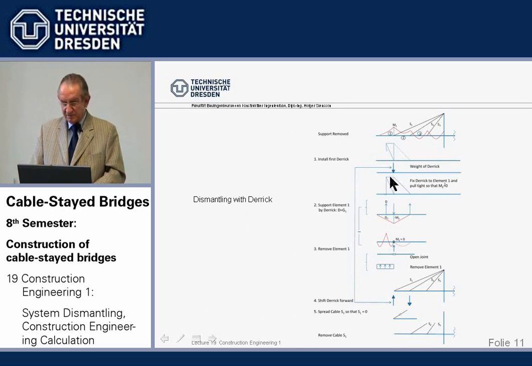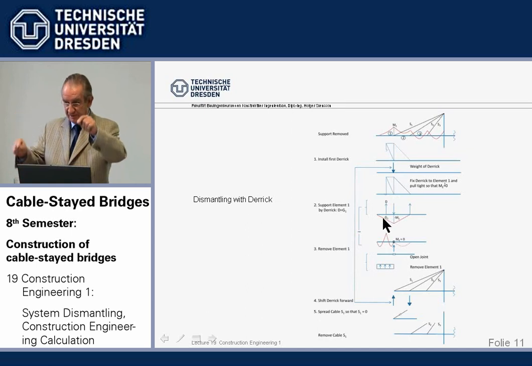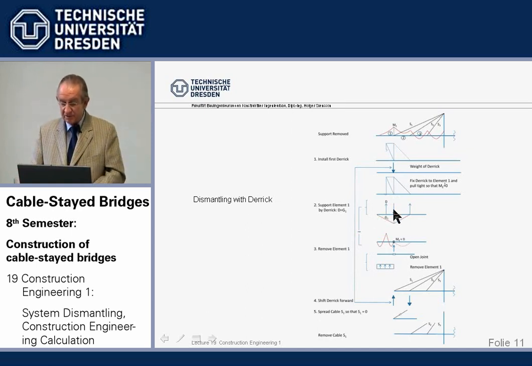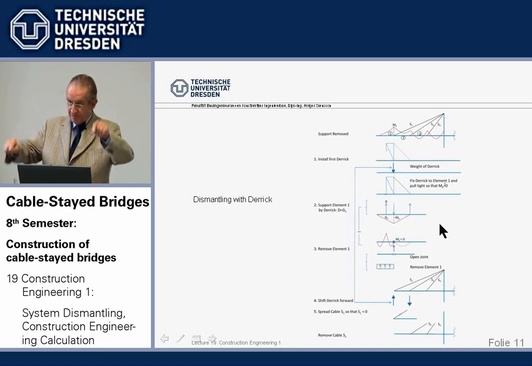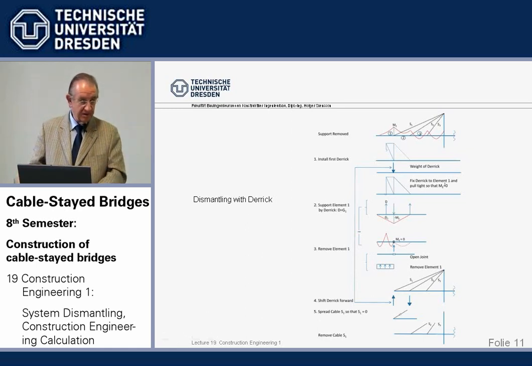Now, for taking off the first element with a derrick, I have to hang the weight of this element into the derrick here, which means the reaction from the derrick is a force couple, which consists of the vertical component, which comes down here, the main strut, and the moment from the eccentricity of the element.